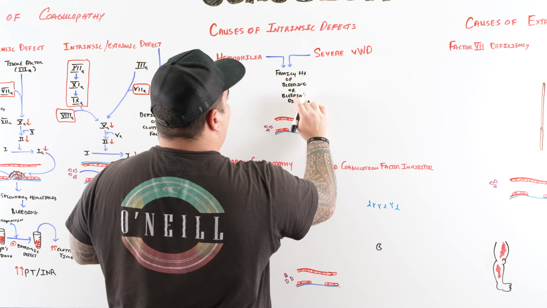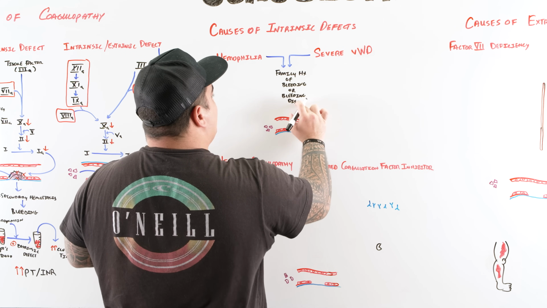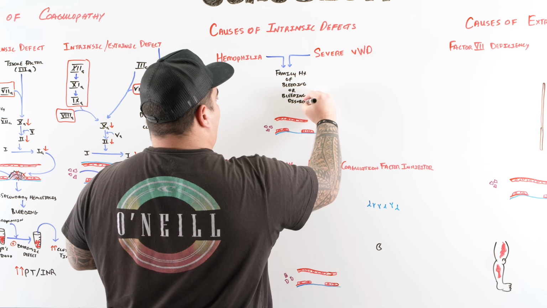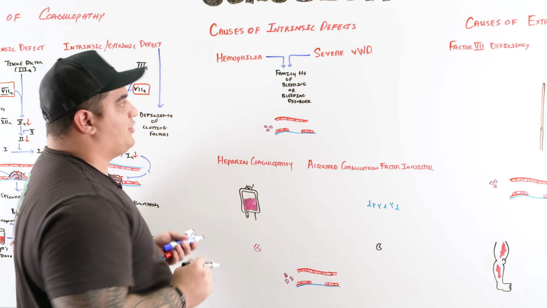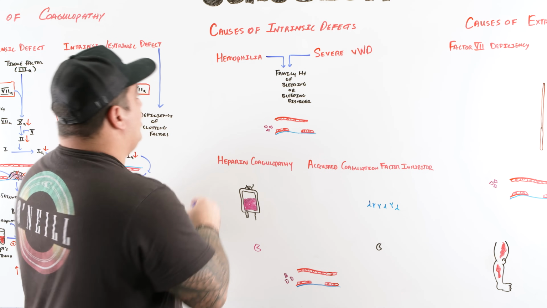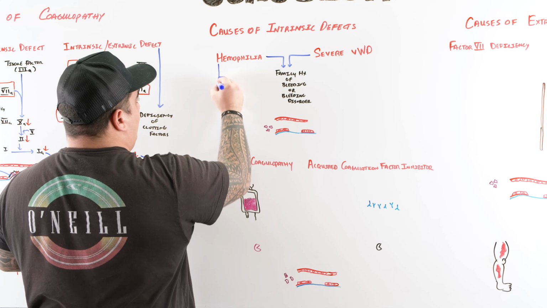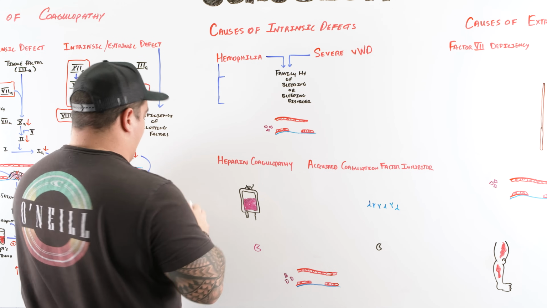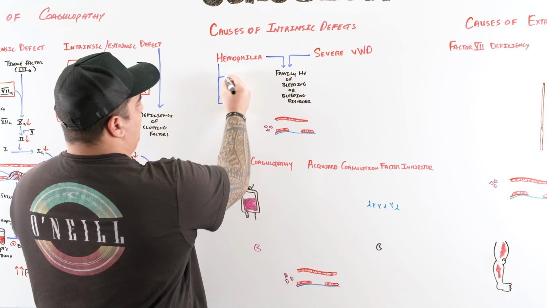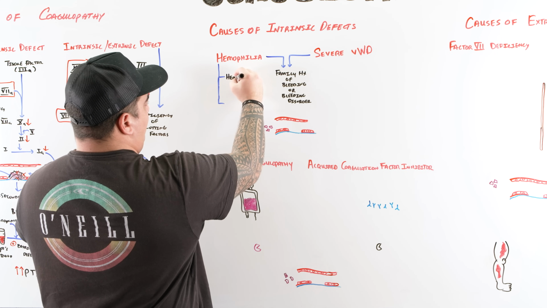Now, with that being said, when a patient has some type of bleeding like this, hemophilia can actually come in 2 different flavors, right? So one is you're going to have hemophilia A, and the other is going to be hemophilia B. Hemophilia A is going to be extremely much more common.